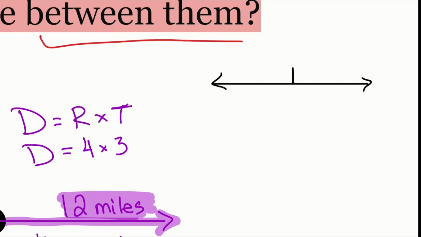Let's say we start right here, and let's say that runner A goes 3 steps to the left, I may have said to the right, but runner A goes 3 steps to the left, runner B goes 2 steps to the right.